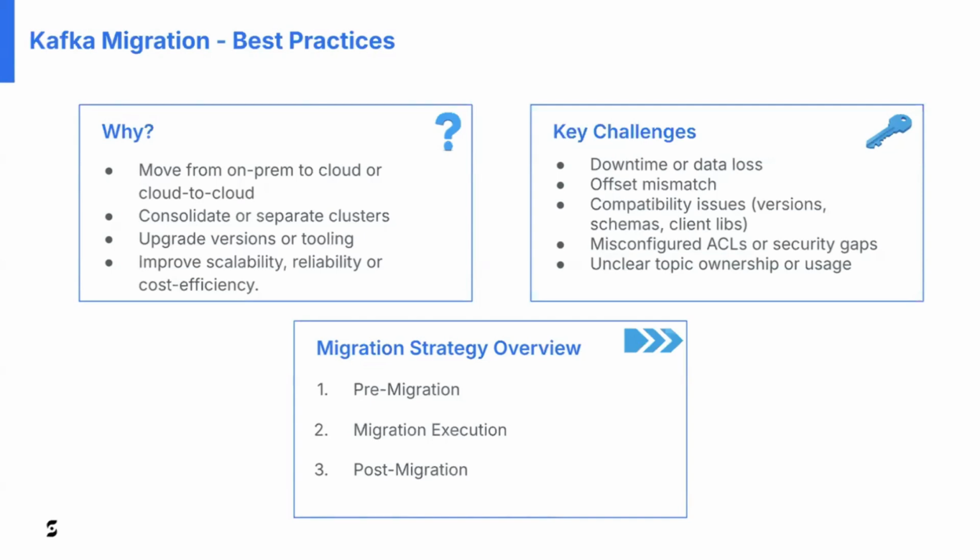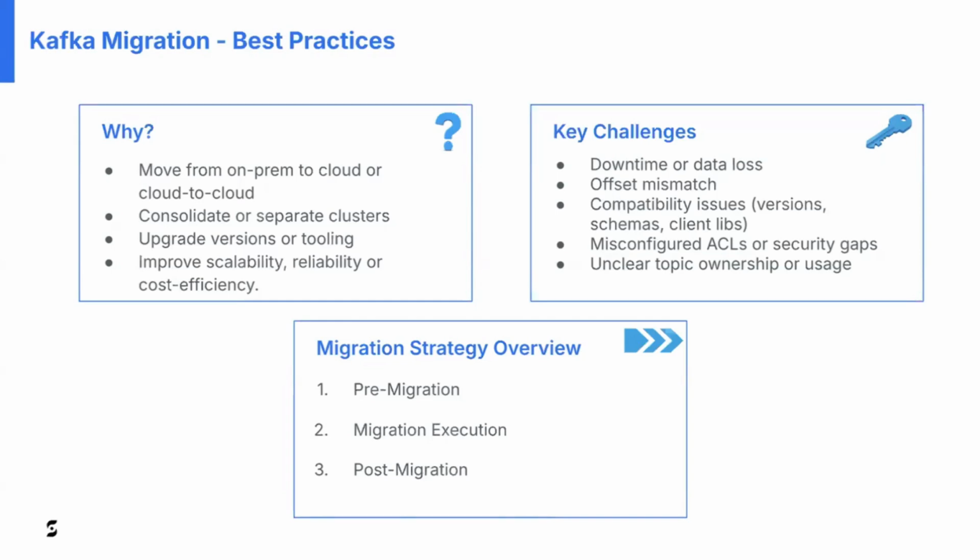Let's start with a big question. Why migrate Kafka at all? There could be more use cases, but in our experience, there are four common reasons. First, infrastructure changes. Organizations often migrate from on-premises clusters to managed services like AWS MSK, Confluent Cloud, or a Pulsar-based alternative such as StreamNative.